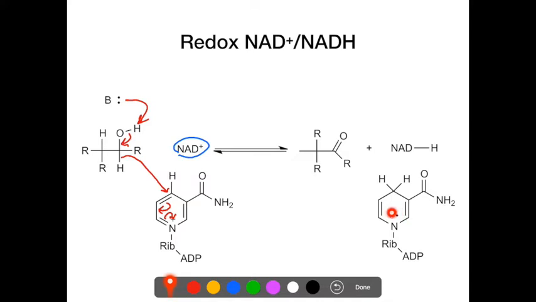What happens is now the nitrogen as the product is neutral, and so I go from an N plus to a neutral, and I've also added a hydrogen, so I go from NAD plus to NAD, no positive charge, and an H. And so I have, in essence, oxidized the hydroxide to the ketone here and have produced NADH.